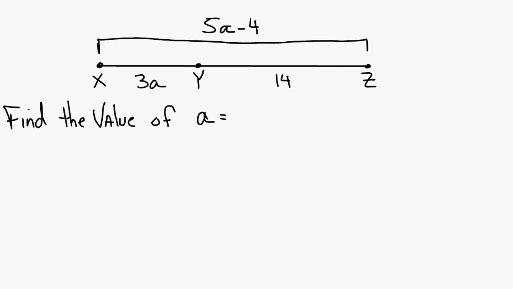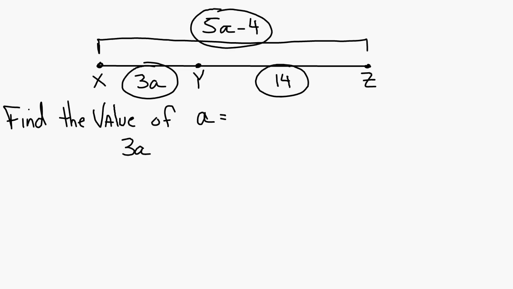So your setup would be a small piece plus a small piece equals the entire piece. So 3a plus 14 is equal to 5a minus 4. Question? So now you have an equation with variables on both sides.